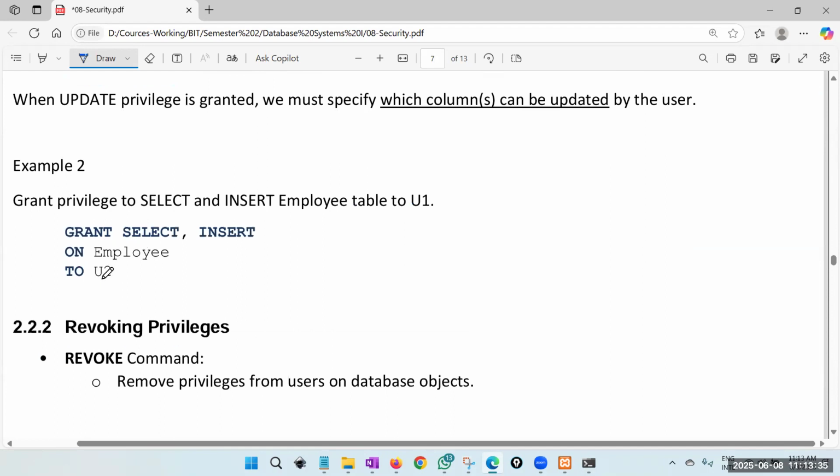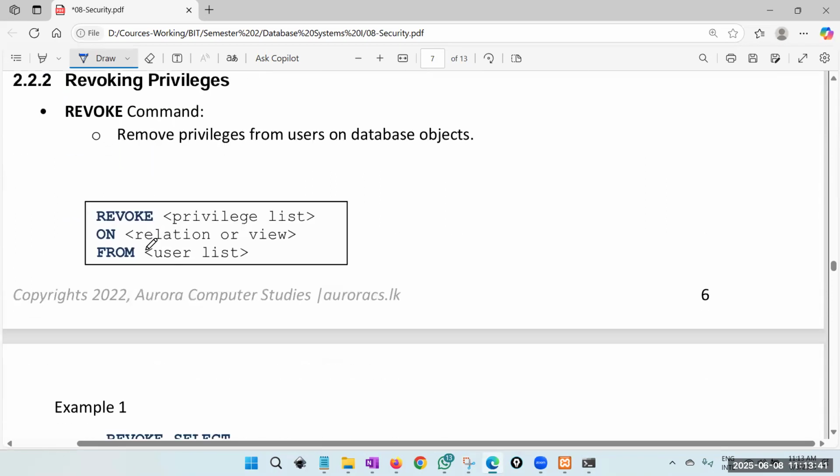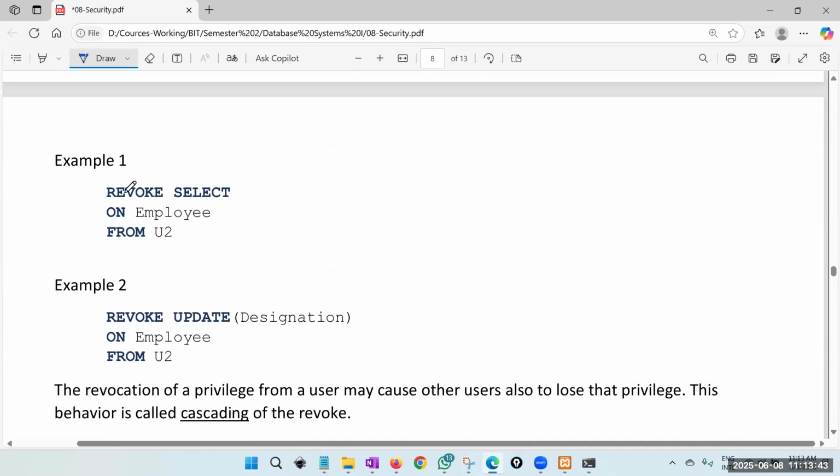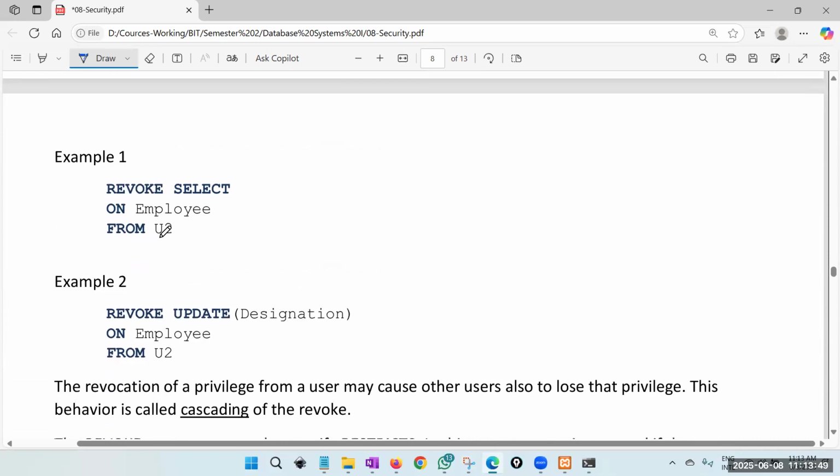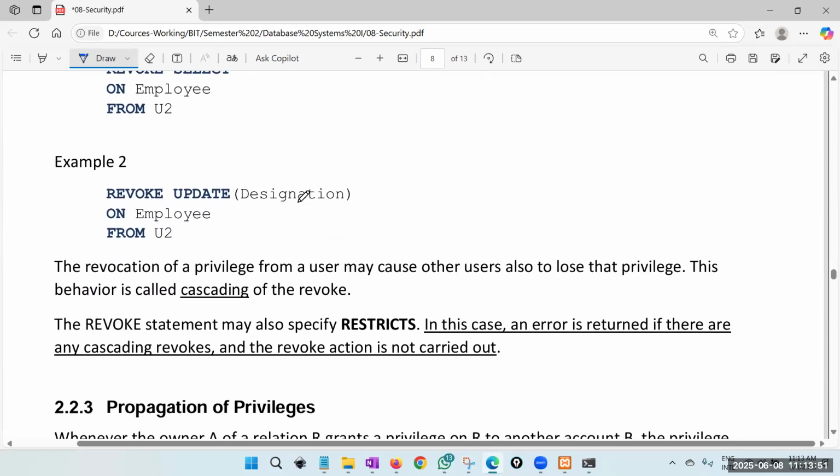That means now user 2 can write select and insert on the employee table. Right. This is revoking. Revoke select privilege on the employee table from user 2. Revoke update of designation on the employee table from user 2. Okay.